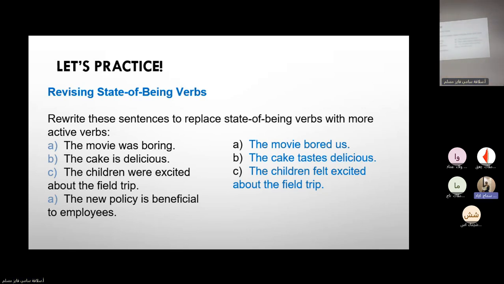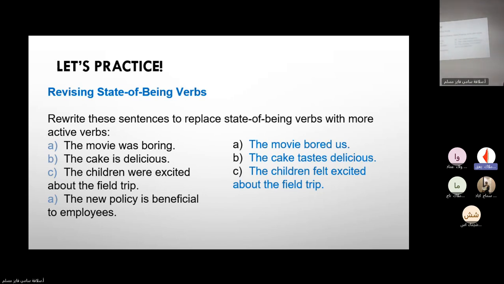I was so happy to see the excitement in the children's eyes about the field trip. I was so happy to feel the excitement in the children's eyes for the trip. Very nice. Good job. The last one يلا يا ملاك يعقوب.